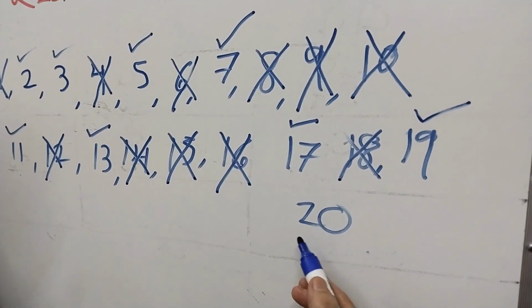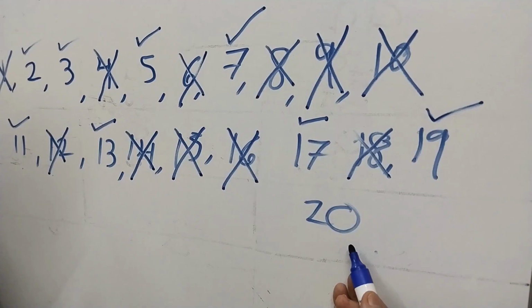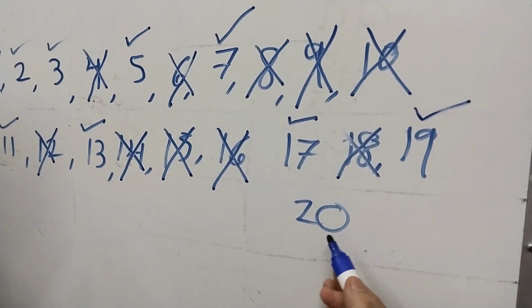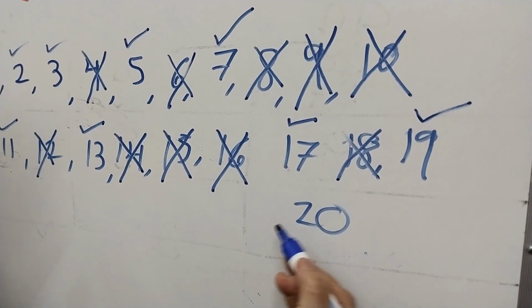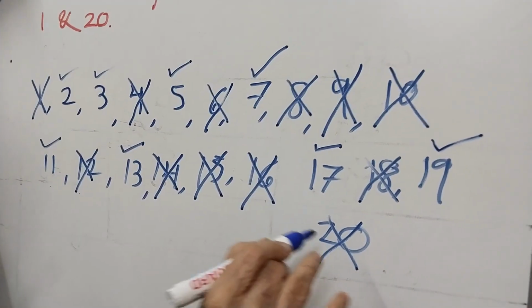Now 20. 1 is a factor, 20 is a factor, but in between there are several factors. 5 4s are 20, 2 10s are 20 and hence this cannot be called a prime number.